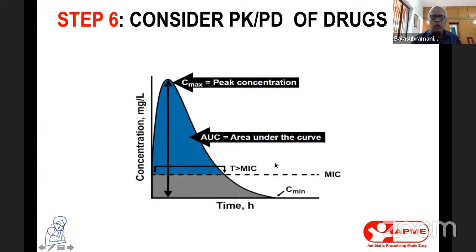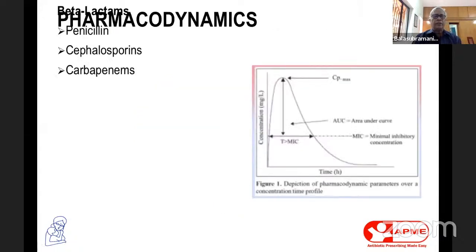For example, you have something like pneumococcus in the lung. This is a low MIC. You want to maintain the drug above the MIC, and you want to know when it achieves the peak, and you want to know how long the antibiotic concentration is above the MIC. That is what this curve depicts.